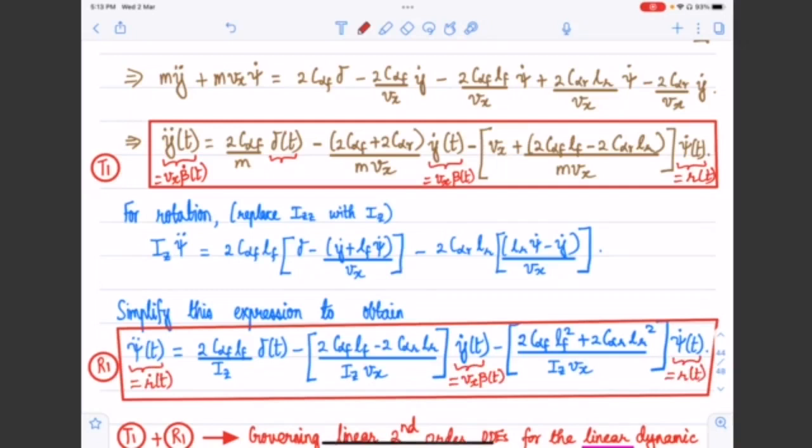So consequently, let me go back and then rewrite these equations. I hope it's clear what I am doing. We have made some simplifying assumptions, and we are replacing y dot, y double dot, psi dot, and psi double dot in terms of beta, beta dot, r, and r dot. That's all we are doing.